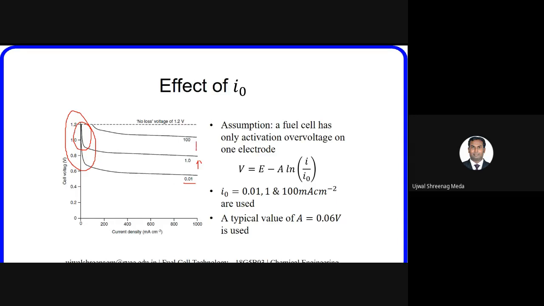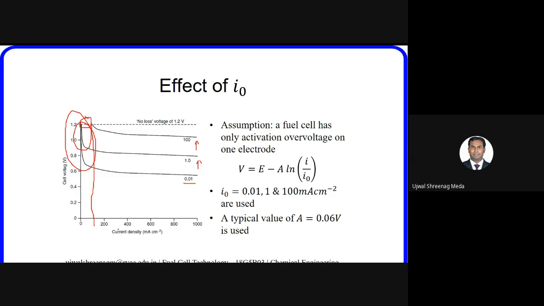So when the exchange current density is further increased to 100 milliampere per centimeter square, you can see that until the current that is being drawn out of the fuel cell exceeds 100 milliampere per centimeter square, there is no loss at all.